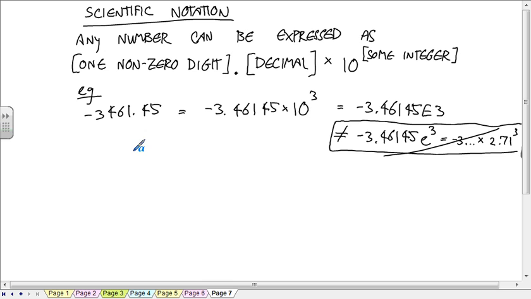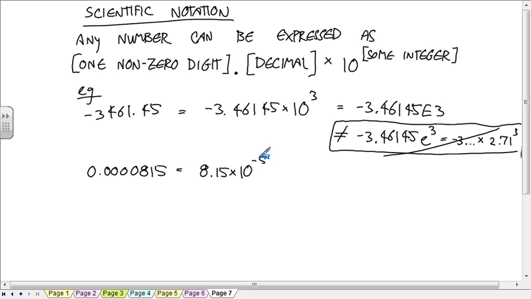Another example is 0.0000815 can be written as 8.15 times 10 to the 1, 2, 3, 4, negative fifth.